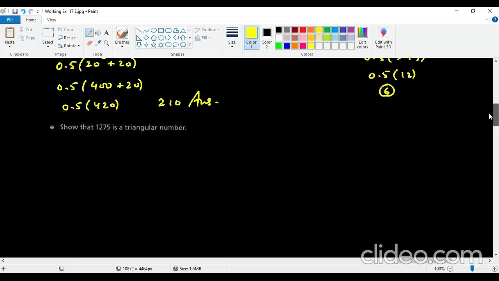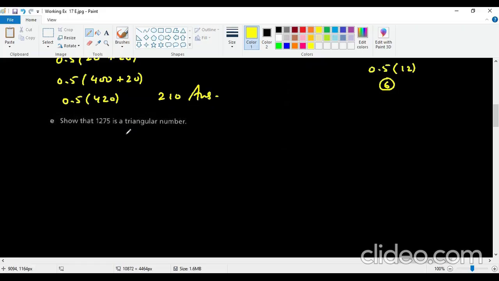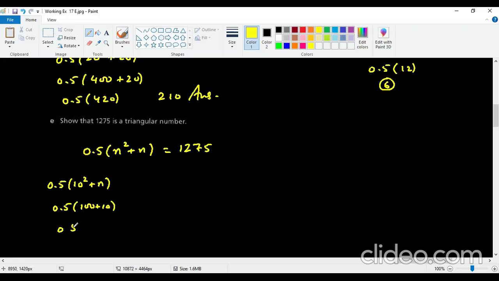Now in the next question it says show that 1275 is a triangular number. That means 0.5 times (n squared plus n) is equal to 1275. That means we are going to try numbers starting from 10. Let's see if 0.5 times (10 squared plus 10) is equal to 1275. 10 squared is 100 plus 10, so half of 110 is not 1275.